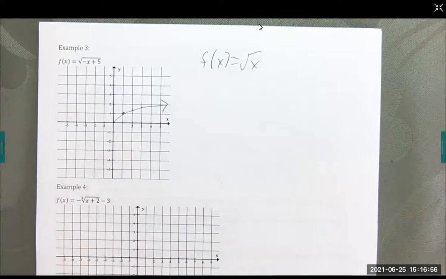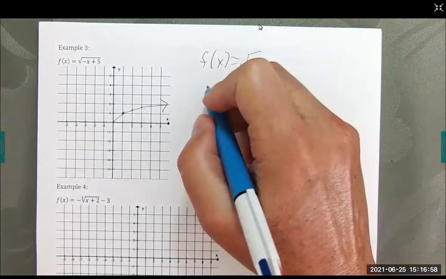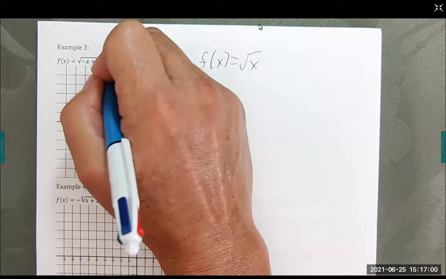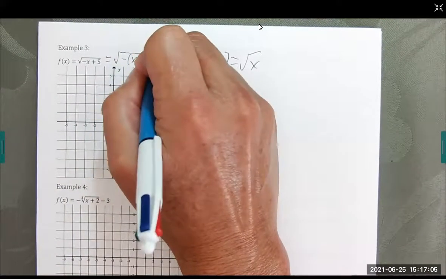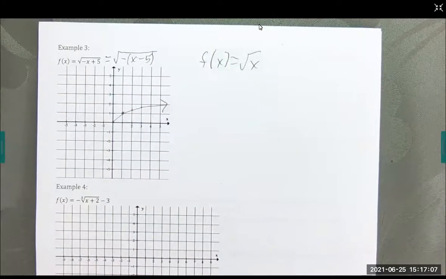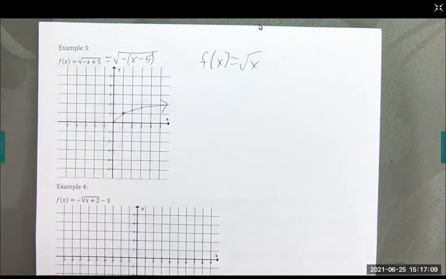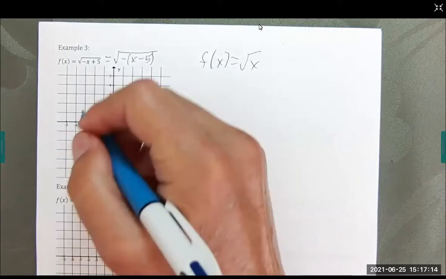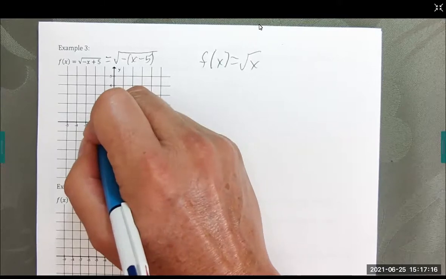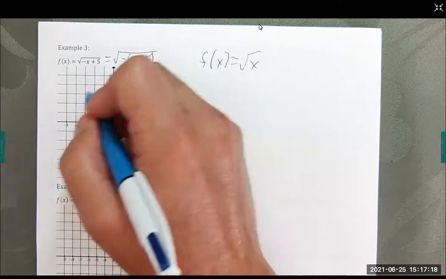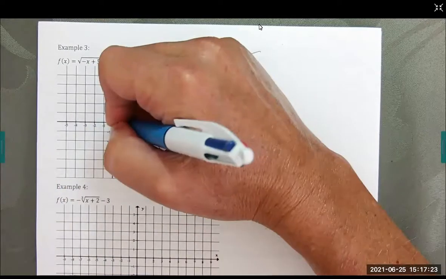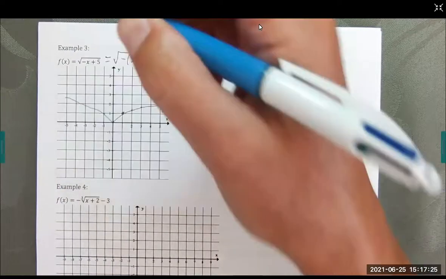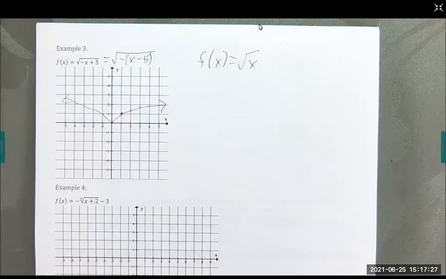And let me rewrite the original function. Actually, we can just do this: square root of negative x minus 5. So I kind of drew this same one before. And so because of the negative there, we're going to reflect it around the y-axis in this case. So here we're here, there, and at 2 we're at 4. There, reflected about the y-axis.